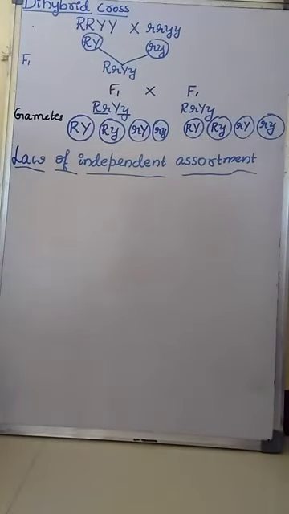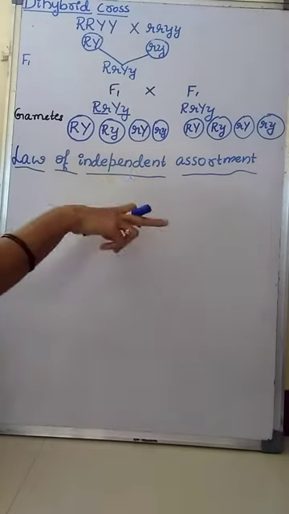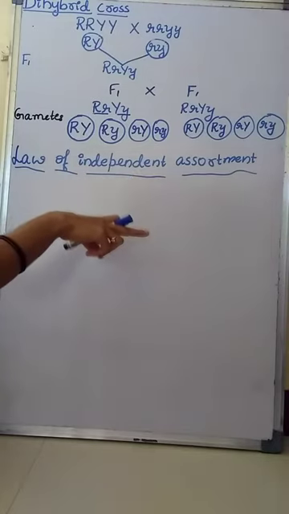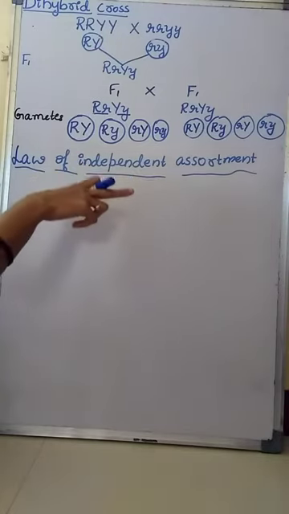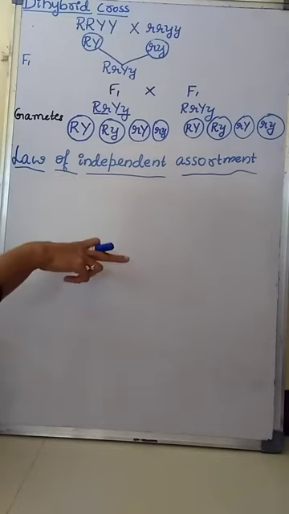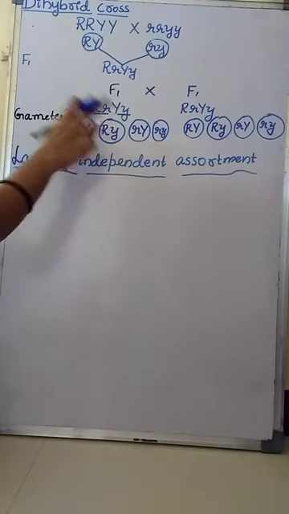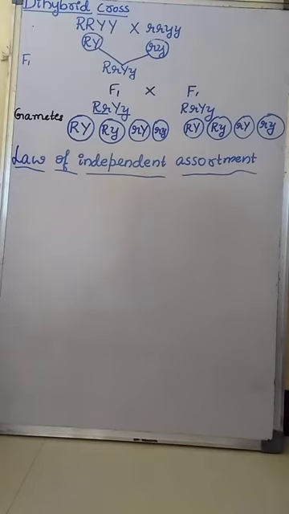Here we have taken two pairs of characters. Factors or alleles for two or more pairs of contrasting characters are distributed independently of one another at the time of gamete formation.